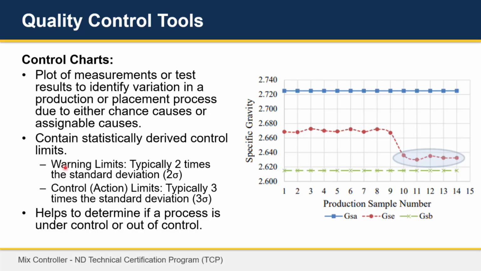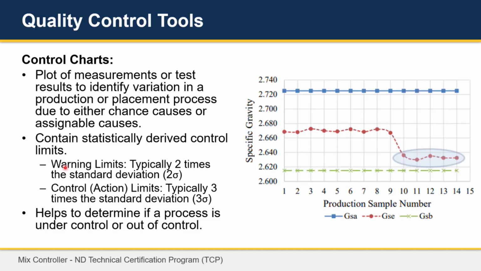You don't need to worry about how they got there, but with statistics, they developed these rules of warning and action limits. Warning limits tell you something might be going on here. Action says you've got to do something, right away. So it helps you determine if your process is under control or out of control.